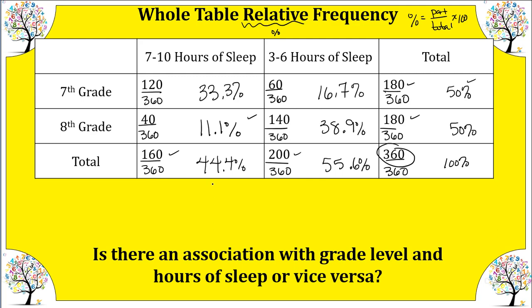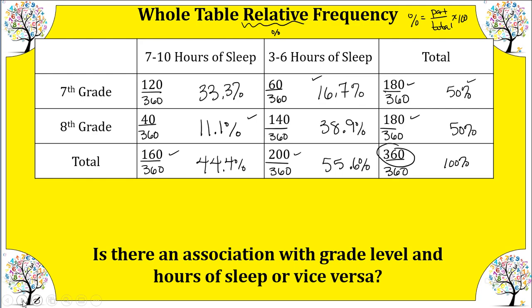You could be asked, of those that were surveyed, what percent are 7th graders that sleep 3 to 6 hours? 16.7%. So when the question is asking of those that were surveyed, you're going to use the whole table relative frequency, which was each cell being divided by the total surveyed. So it's about how the question is asked.